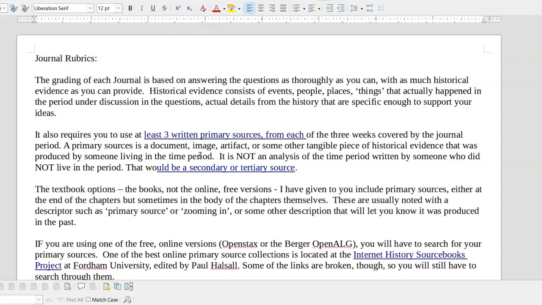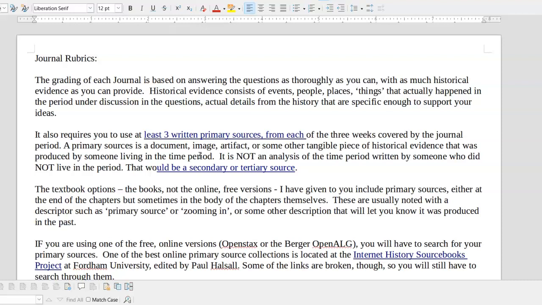But just because it's Labor Day does not mean that you haven't had enough warning that you could have gotten it in beforehand. So I will not be tolerating very many excuses for lateness. If you can't get it in on Monday and you don't have a valid reason, as in you've waited till the last minute to do this and suddenly discovered it's a lot harder than you thought it was, yeah, sorry, that's not going to cut it.